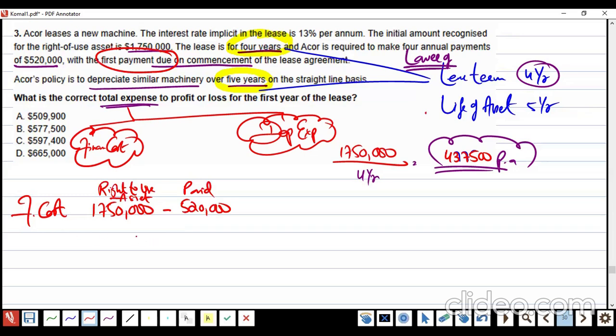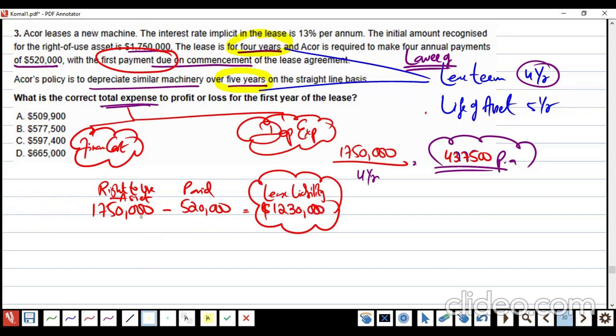This is the paid amount. So tell me, the liability, the due amount, is how much? 1,230,000. Why like this? Because that is my asset value, which is going to be my lease liability.